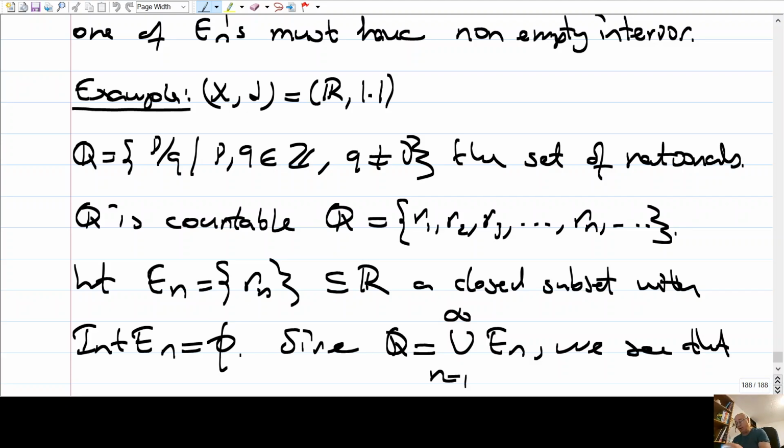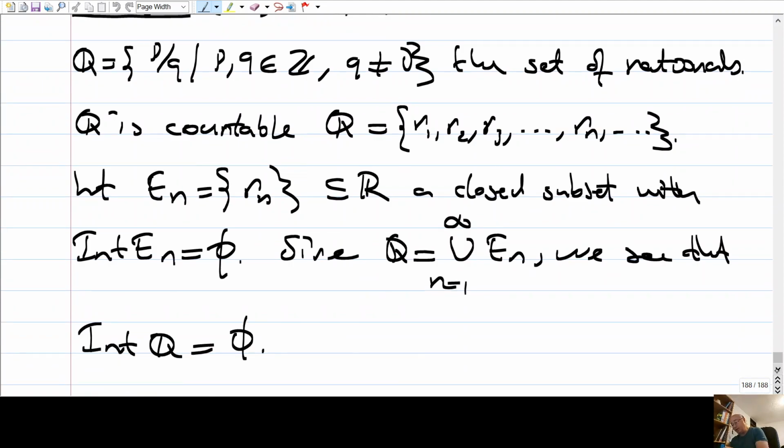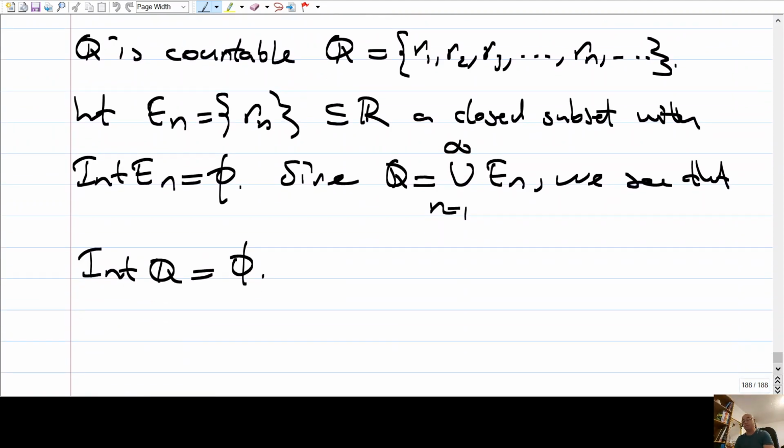Therefore, Q has empty interior. Of course, we knew this result already. It's not a surprise, but this is also a consequence of the Baire category theorem. All right, do you have any questions so far?